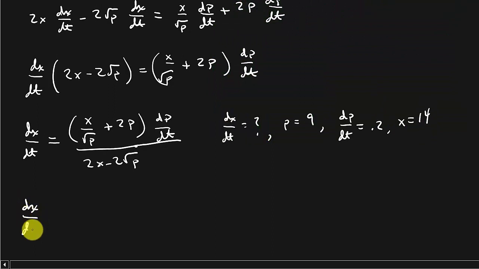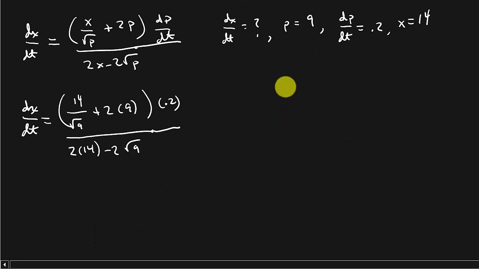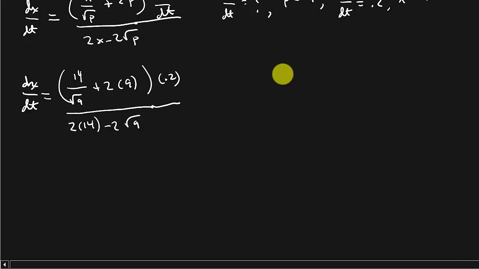So I'm going to get dx/dt is equal to 14 over the square root of 9 plus 2 times 9 over 2 times 14 minus 2 times square root of 9, and this is all times 0.2. All right, and this is going to give us 0.206.